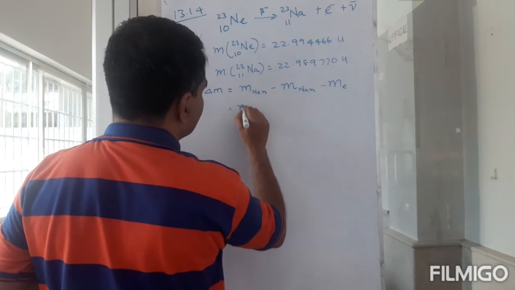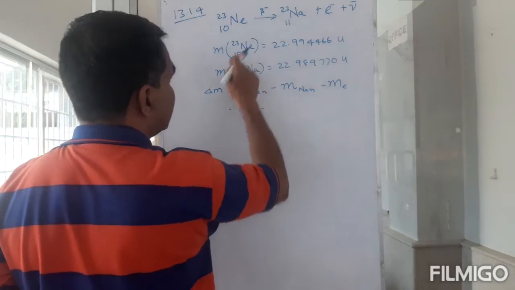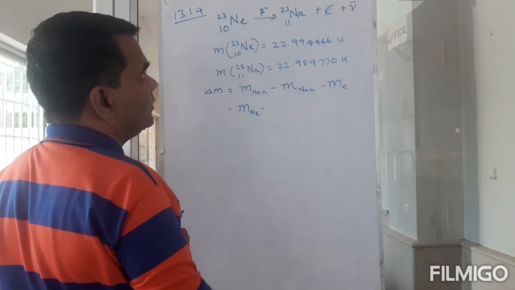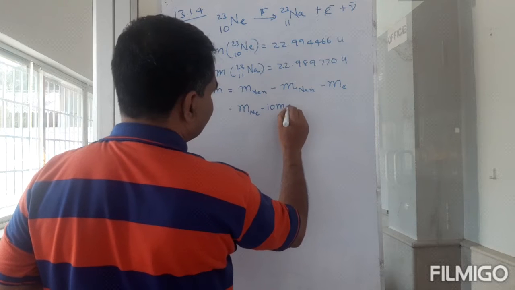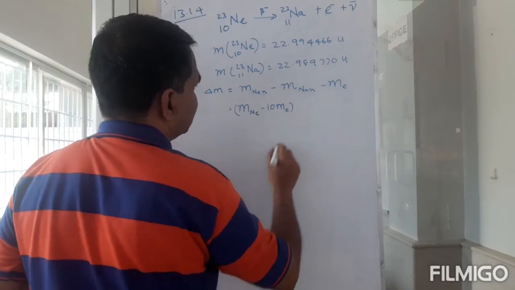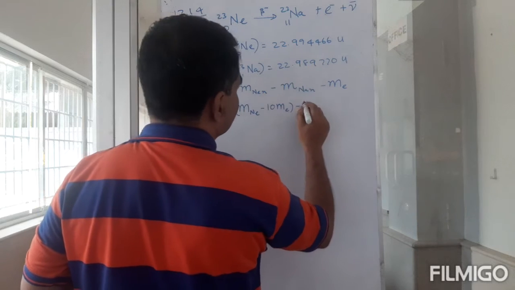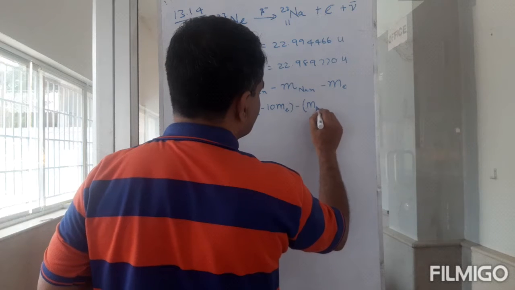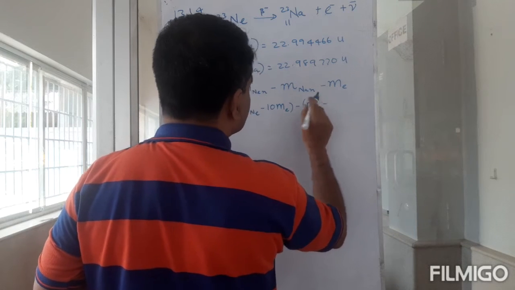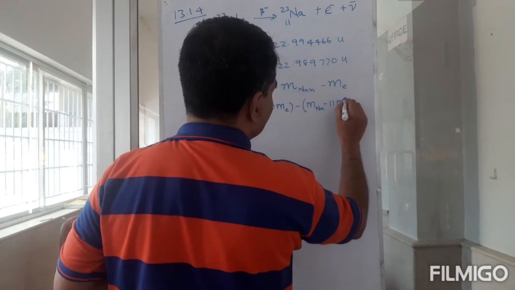So the nuclear mass: the mass of neon as given here, minus how many electrons? We have 10 electrons, so 10 mass of electron, that's the first one. Then minus the mass of sodium nucleus, which is the mass of sodium atom minus 11 electrons, 11 mass of electron.